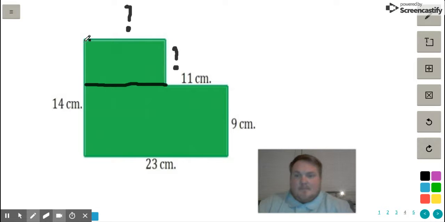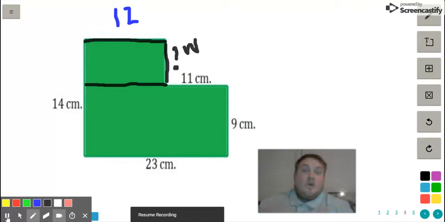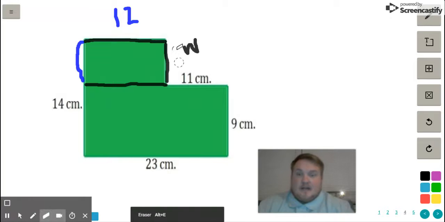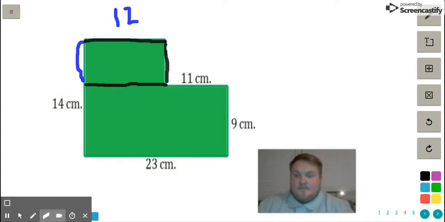This shape is going to be the length times the width, and you would do 23 minus 11 to get that, which is 12. And you would do 14, the whole length is 14, but not that section of it. This section of it is going to be 14 minus the 9. And so in that case, 14 minus 9 is 5.